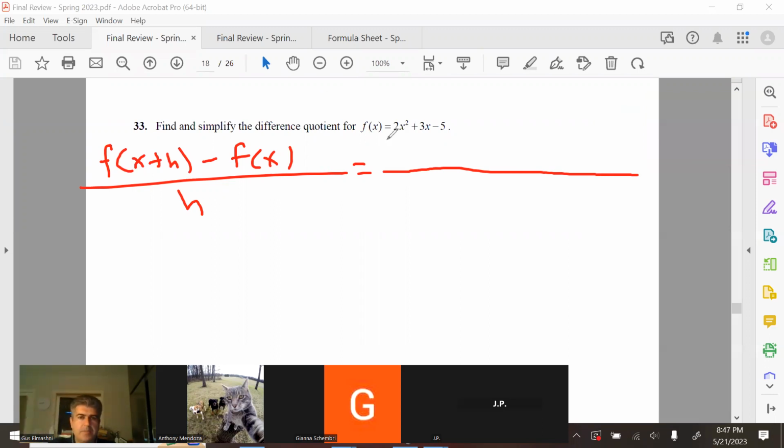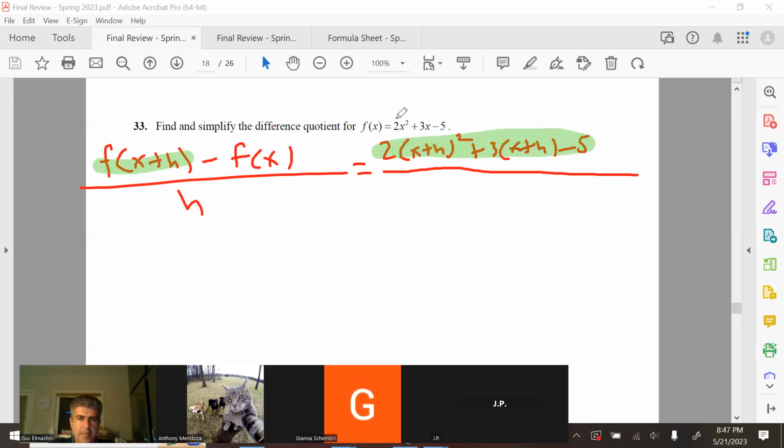So anyway, you're going to replace x with x plus h. So instead of 2x squared plus 3x minus 5, it's 2 times (x plus h) squared plus 3 times (x plus h) minus 5. Let me get a highlighter here. That's all this.